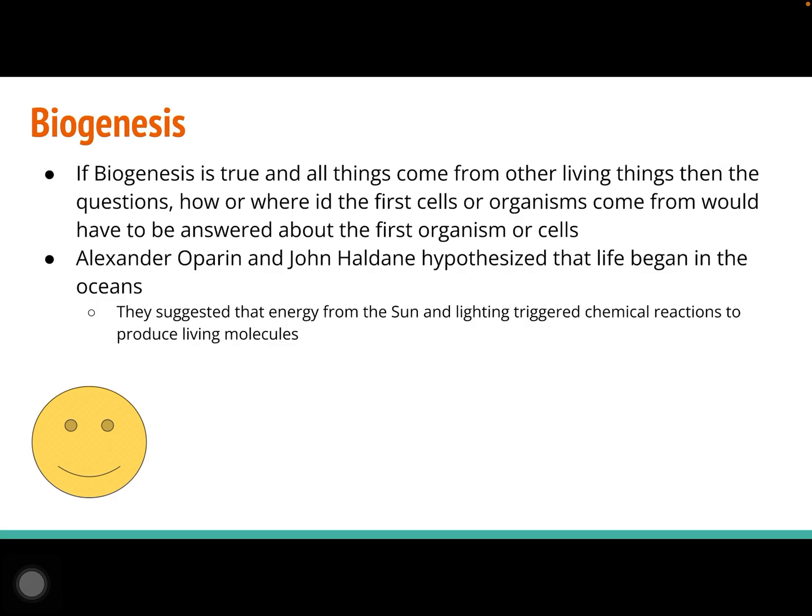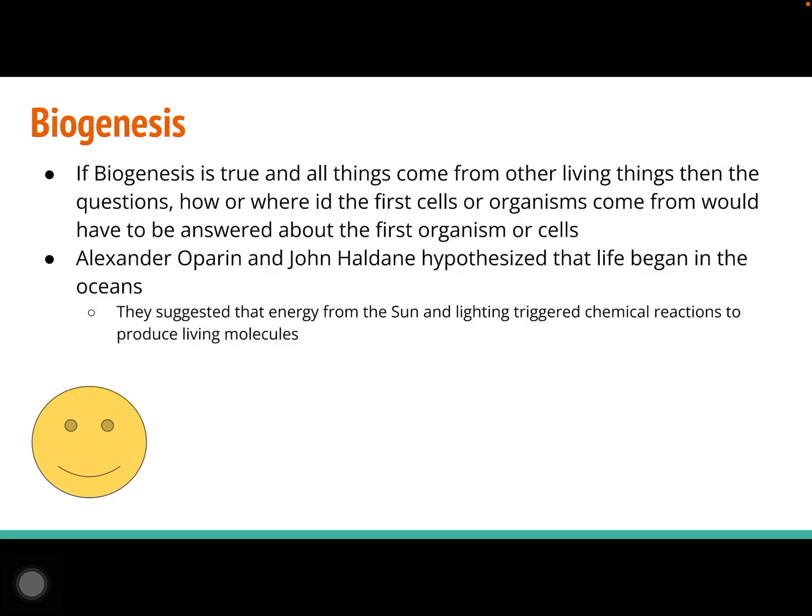So we believe, as of now, that life came from the oceans of early Earth, and that the lightning triggered this chemical reaction to produce the molecules needed for life. Those molecules stuck together to form microscopic life, and then it evolved over time.